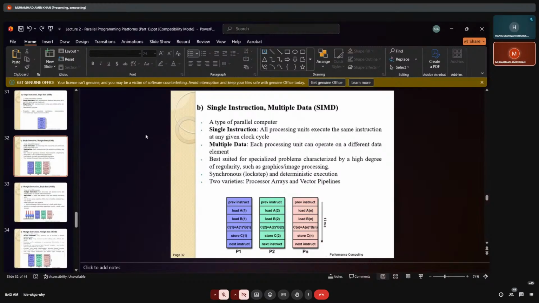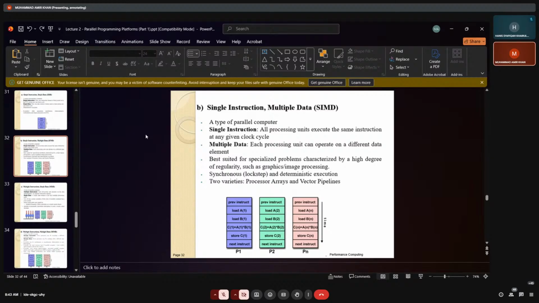Multiple data, each processing unit can operate on a different data element. Best suited for specialized problems characterized by a high degree of regularity, such as graphics and image processing. Synchronous lockstep and deterministic execution. Two varieties: processor arrays and vector pipelines.